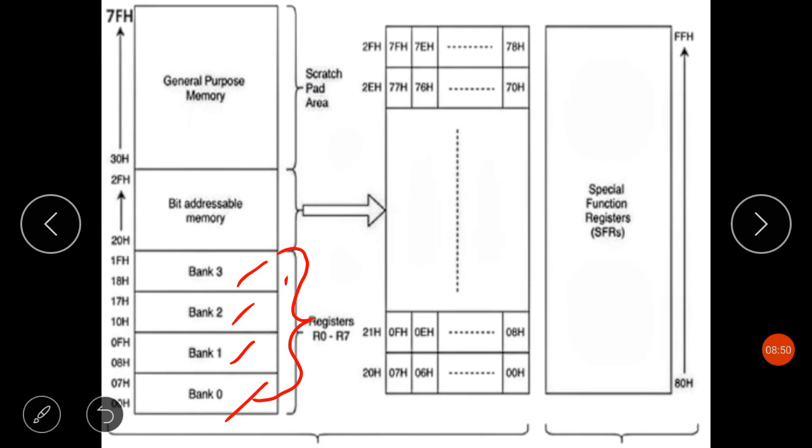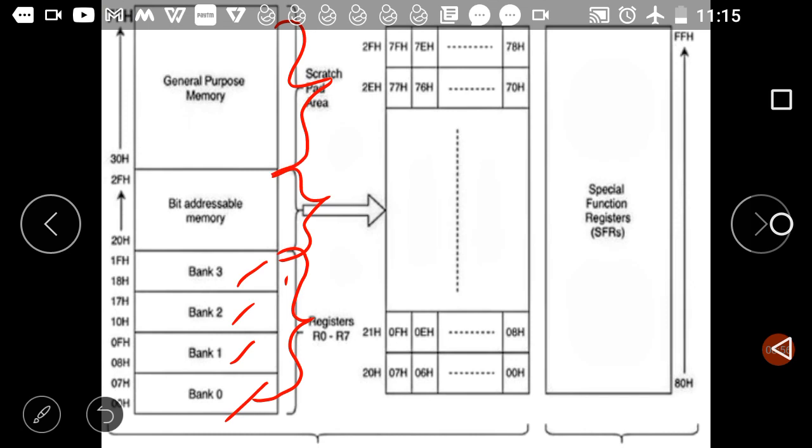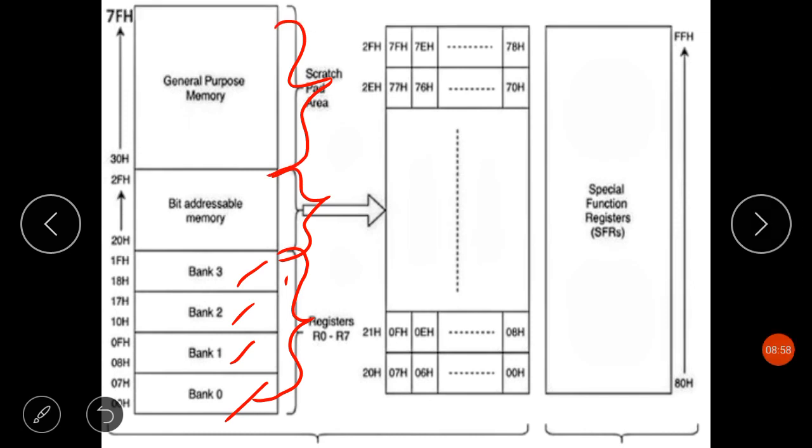Then the next 16 bytes is occupied by the bit addressable memory, and the last 80 bytes is occupied by the general purpose memory or scratch pad memory, and this whole is making up the 128 bytes of internal RAM of 8051 microcontroller. Now first let's discuss the register bank memory.